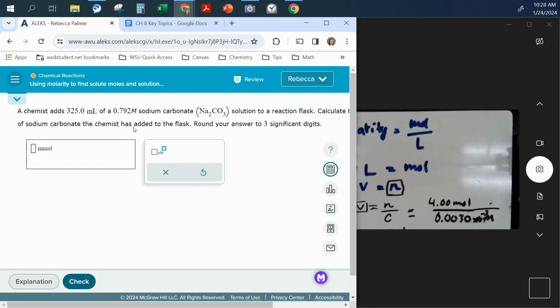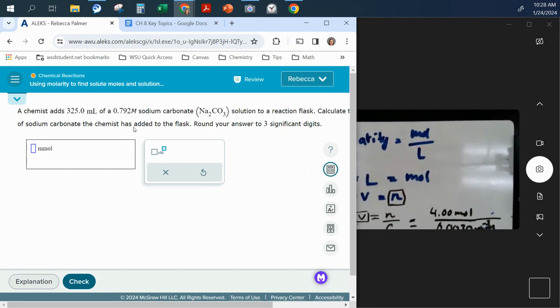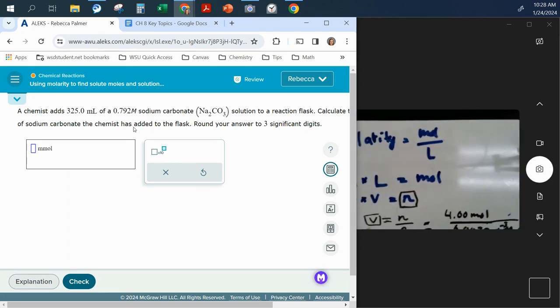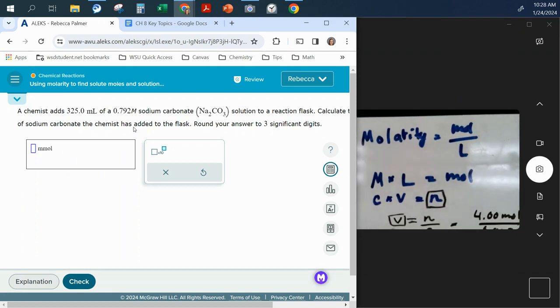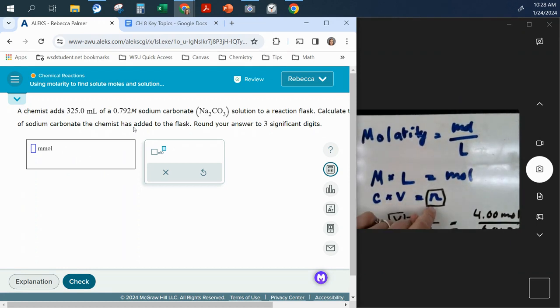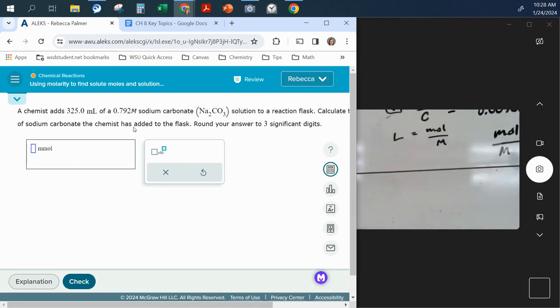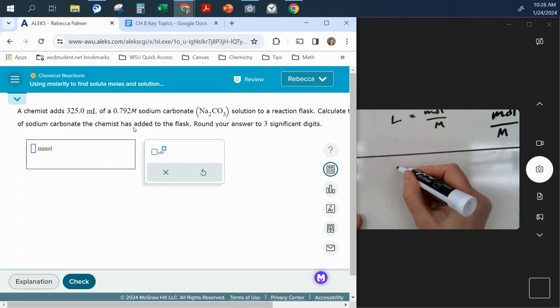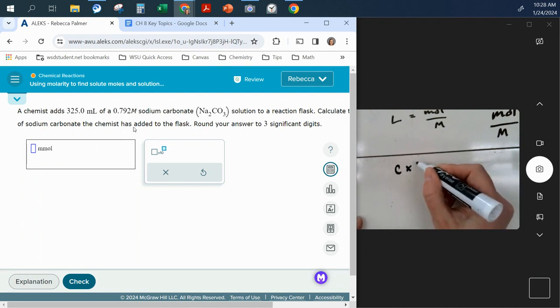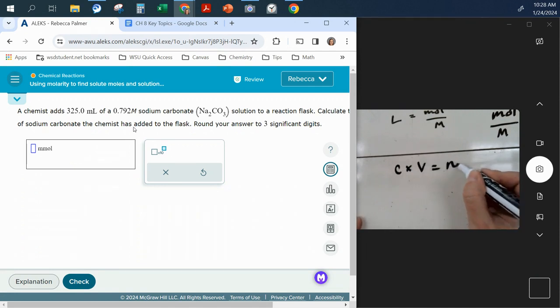Also because we're looking for moles, we're going to use this equation. Concentration times volume equals moles. This is like the same equation, we're just arranging it differently every time, or 3 ways. Okay, so let's write that down. Concentration times volume is moles.